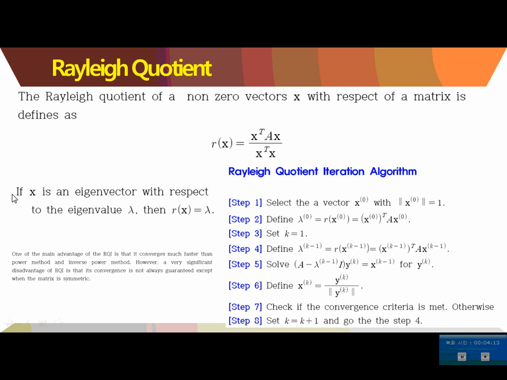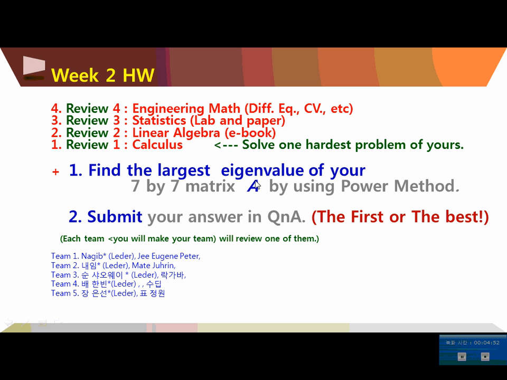The important thing is, if X is an eigenvector with respect to the eigenvalue lambda, then R of X, this Rayleigh quotient, is the eigenvalue lambda corresponding to this eigenvector. Okay. So by using this Rayleigh quotient, we can also find the eigenvalue. And this is the algorithm for finding the largest eigenvalue by using Rayleigh quotient iteration.